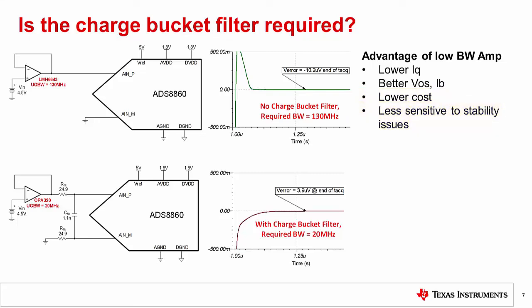For wide bandwidth amplifiers, it is often necessary to be careful of any parasitic capacitances from a stability perspective. Finally, another benefit to the RC circuit is that it band limits the noise. As mentioned previously, the RC charge bucket does not act as an anti-aliasing filter, but it does help with noise.